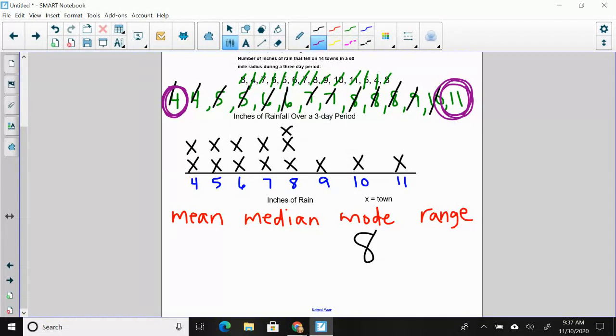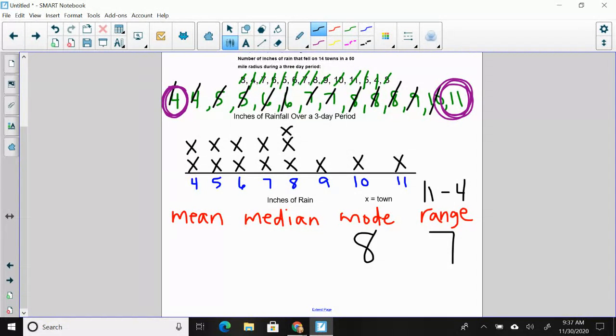Okay? So the range is the largest number in your set minus the smallest number in your set. So 11 minus 4 would give us what? 11 minus 4 is 7. Okay, so that would be the range of our data. That's a pretty small range, okay?